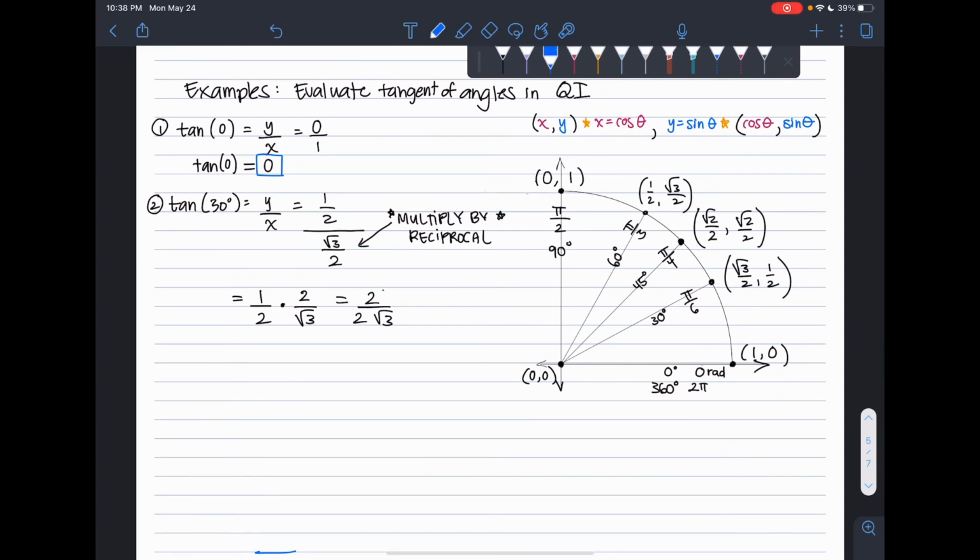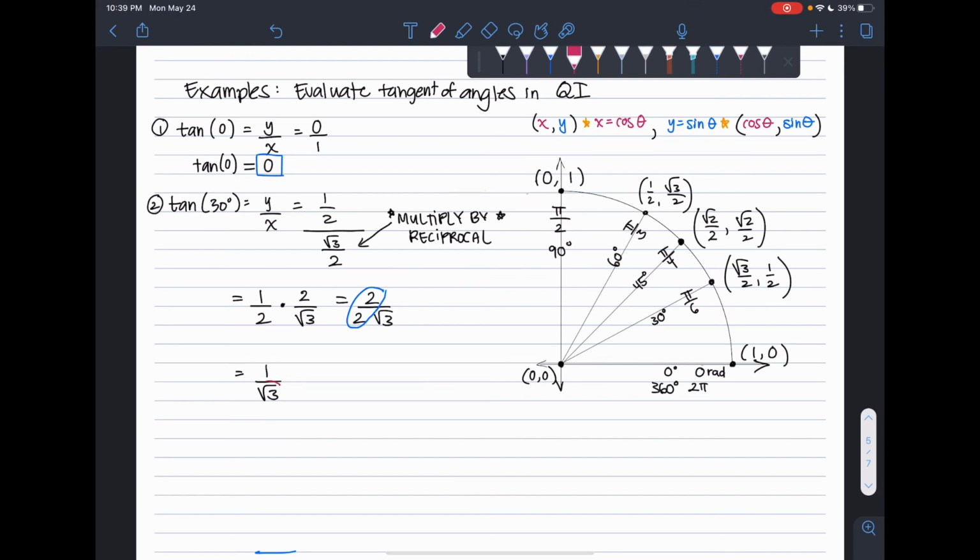Notice that 2 over 2. What can we do there? You might see that we can simplify that. 2 over 2 will just give us 1. So we end up with 1 in our numerator over the square root of 3.